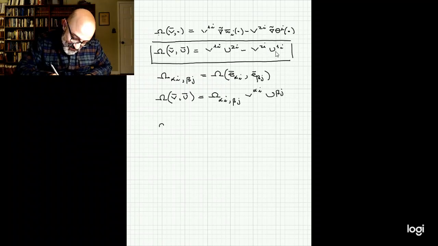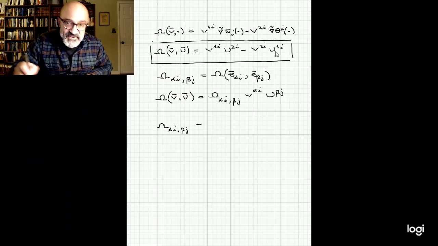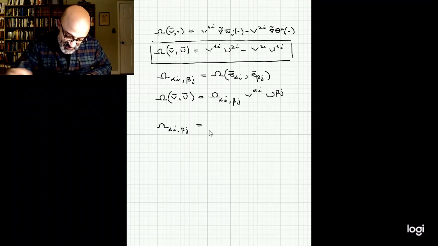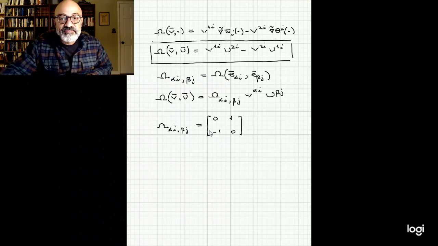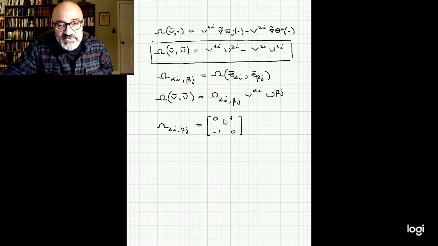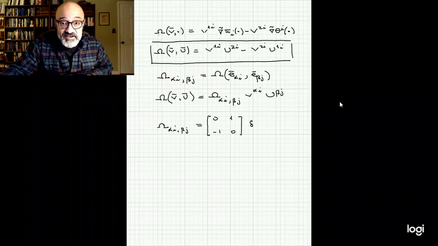Whatever this object is, as far as the alpha and beta indices go, it's going to be something like that. So this is alpha beta 1, 2, which is the 1. 2, 1 is the minus 1. 2, 2 is there. And as far as the ij goes, it's just I.